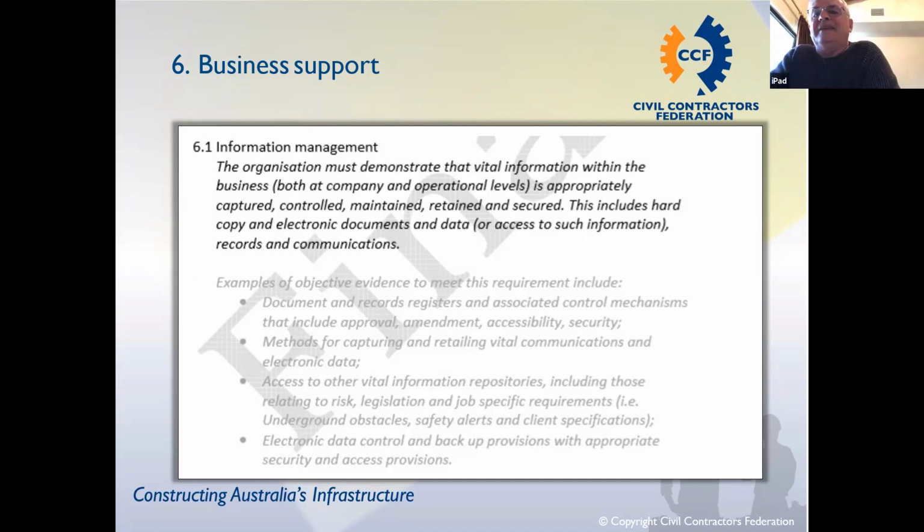This includes hard copy, electronic documents and data. A lot more companies I noticed are using electronic information type control, which I think is fantastic because out on site, hard paper is a very difficult thing to keep clean and accessible at times.